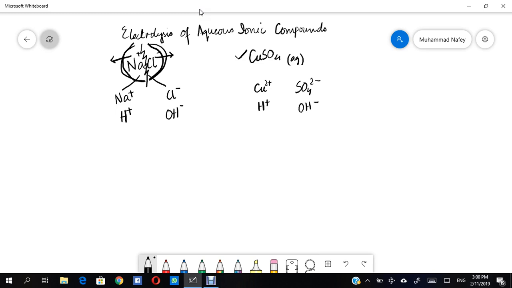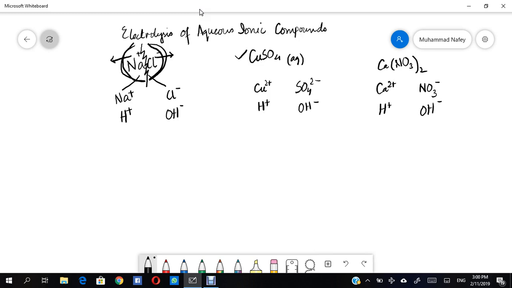Similarly, if I have calcium nitrate, it's going to give us Ca2 plus and NO3 minus from the salt itself, and H plus and OH minus from water.